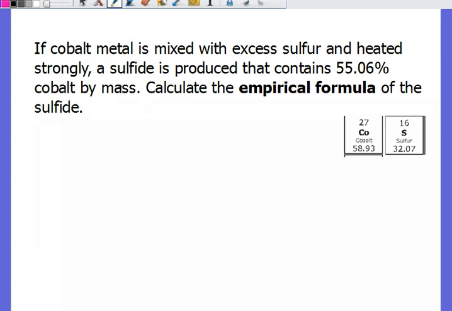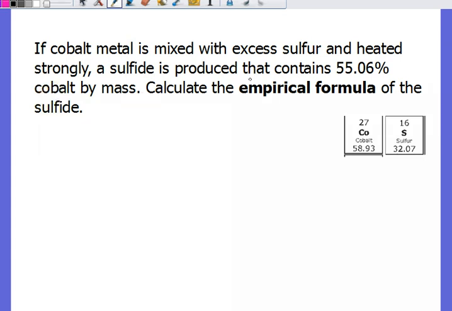So it tells you that there's cobalt and sulfur in the compound. That's important information to get from it. The cobalt portion makes up 55.06% of the total mass of the compound.